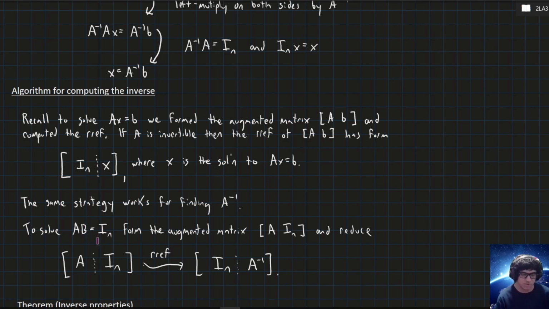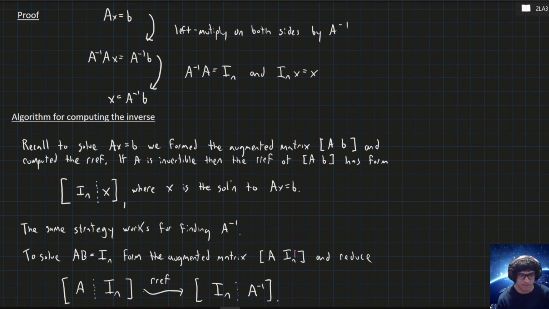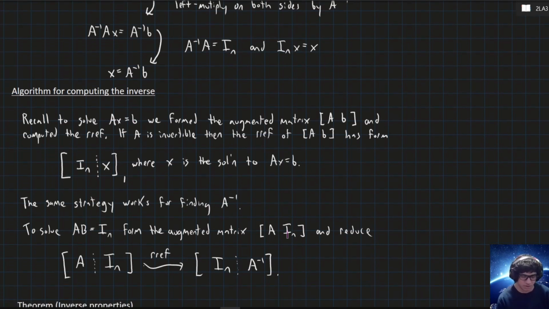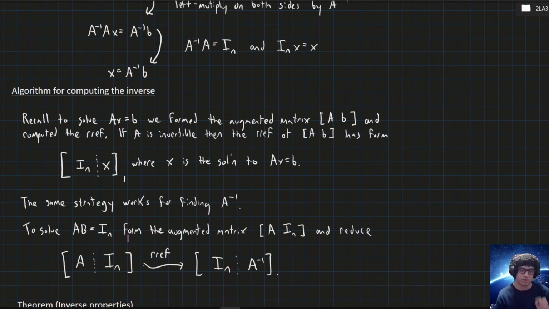What I'm going to do is form the matrix A and the identity over here. The identity takes the role of B now, the thing I want it to equal. And then I put it in reduced echelon form.